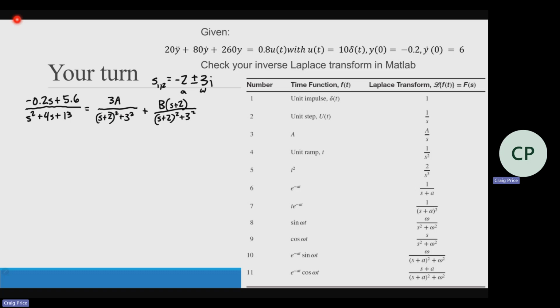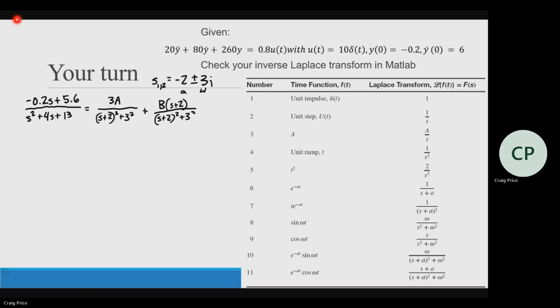Wait, you think you're done? Wait. Yeah, 5.6. Good. Probably good. 5.6 minus 0.4 is 5.2.